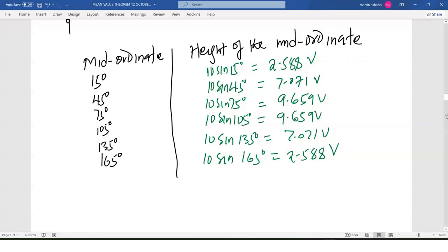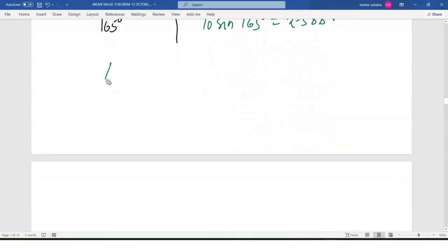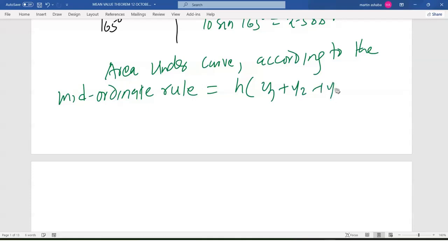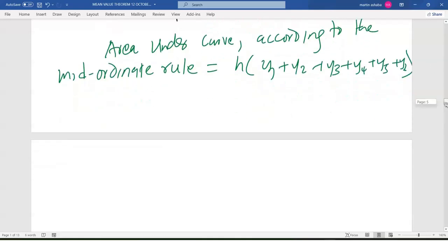So the area under the curve according to the mid-ordinate rule is equal to h into y1 plus y2 plus y3 plus y4 plus y5 plus y6, because there are 6 sub-intervals.